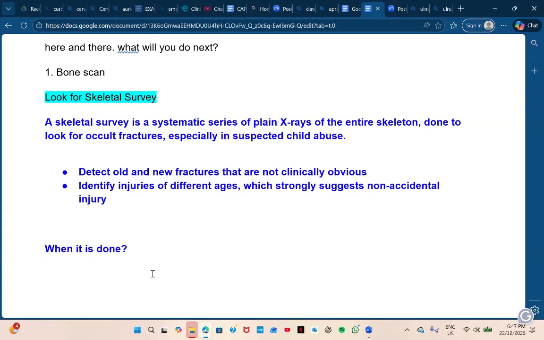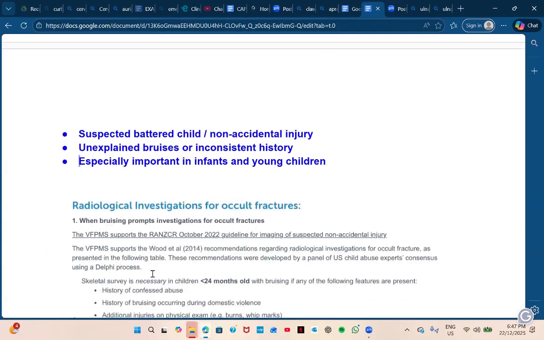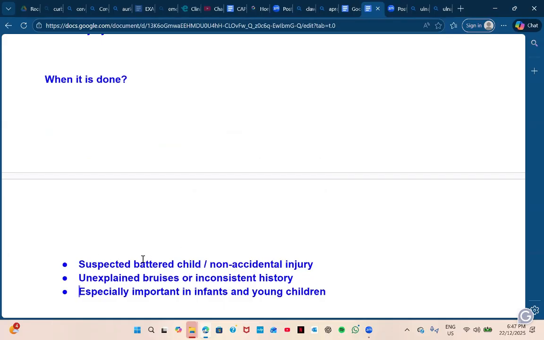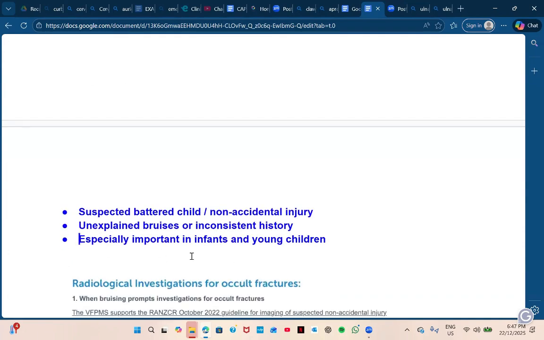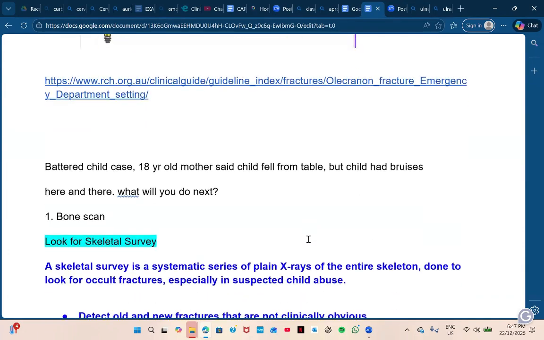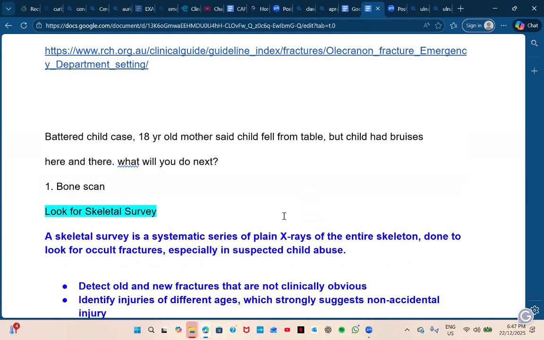So, when is it done? When there is a suspected battered child, non-accidental injuries, unexplained bruises, or inconsistent history, especially important in infants and young children. So in our case, an 18-year-old mother, battered child.